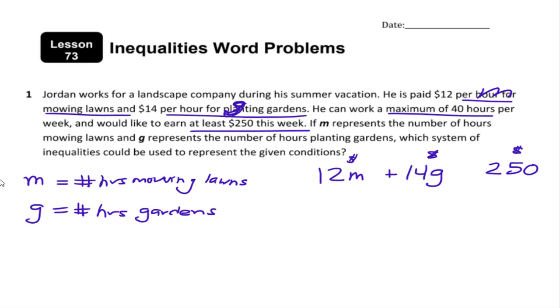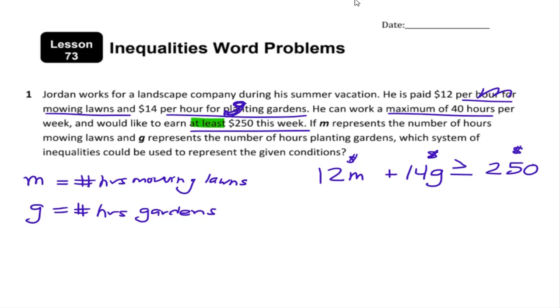So now I just have to figure out what inequality symbol at least is going to use. I want at least $250. That means I would be okay with $250, so I can have an equal sign. But I usually want more. I want at least that amount. So that means I want greater than or equal to, at least $250.